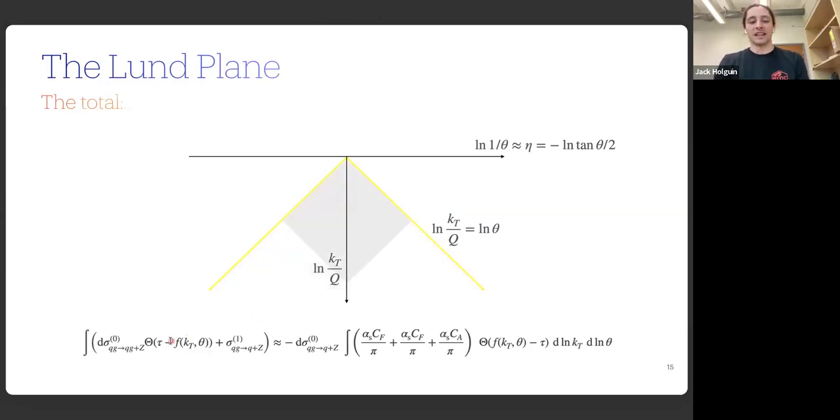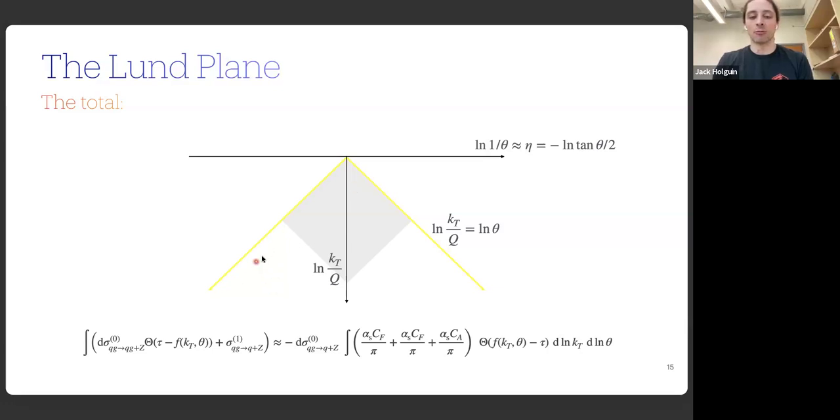Okay, so now you imagine adding the loop to the real emission contribution. Because they come with a different sign, what you end up left with is, to get the calculation of our cross section, you effectively have to integrate the loop only over the region that isn't allowed for the emission. So what's known as the complement to the observable.